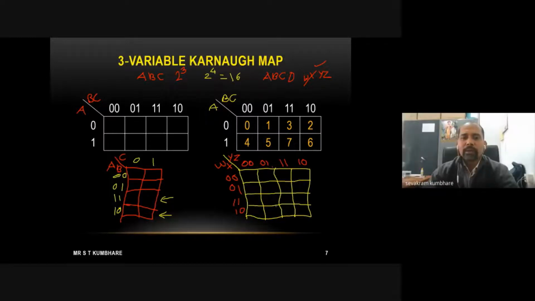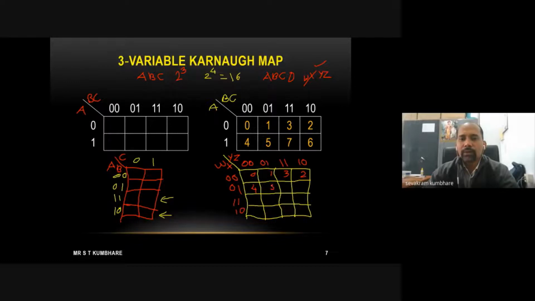Okay. So now if I want to name these cells with their decimal equivalent, how can I do it? This is 0, 0, 0, 0. So this is nothing but 0. This is 0, 0, 0, 1. So this is 1. This is 0, 0, 1, 1 means 3. This is 0, 0, 1, 0 means 2. This is 0, 1, 0, 0. It means 4. This is 0, 1, 0, 1.